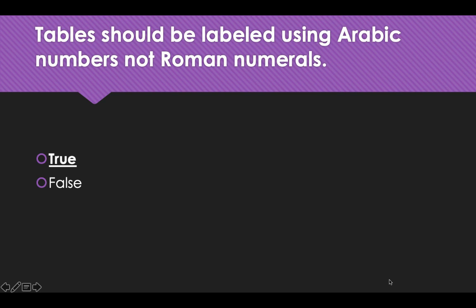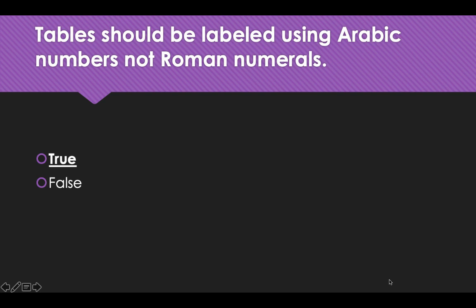APA requires that if we put tables into our paper, our manuscript, whatever it happens to be, they're labeled sequentially throughout using regular numbers. Arabic numbers are 0 through 9, and we use them in various combinations in order to create digits beyond 9. So we'll use Arabic numbers to label our tables.